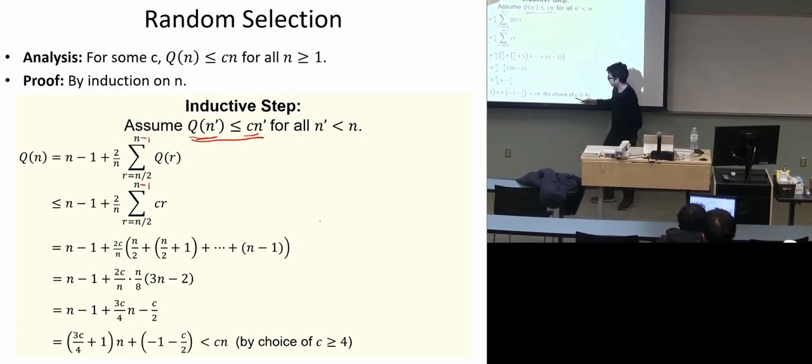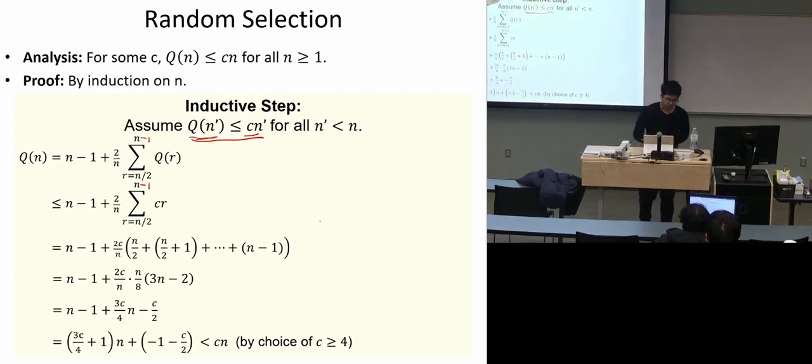But you see, the last step here will actually be true only when C is big enough, at least 4. For example, let's say that you just choose C to be 1. This is not good anymore. Why? If C is just 1, then this is just n, and this term is already something like n to the 7.5, right?